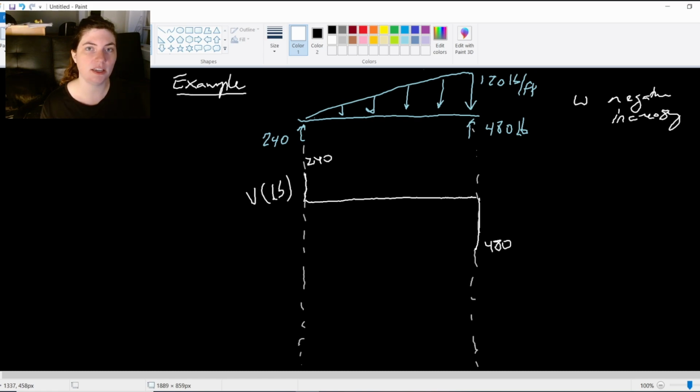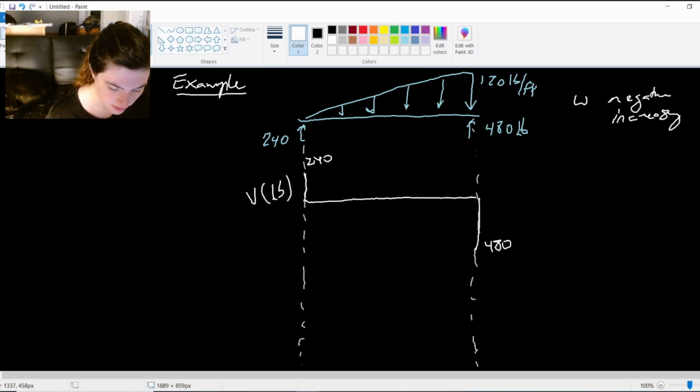So the key here is your calculus knowledge, really. It's knowing that this is negative and increasing and is a linear load function. If I'm integrating that, then I know that my slope is going to be negative, but increasing, so getting more negative.